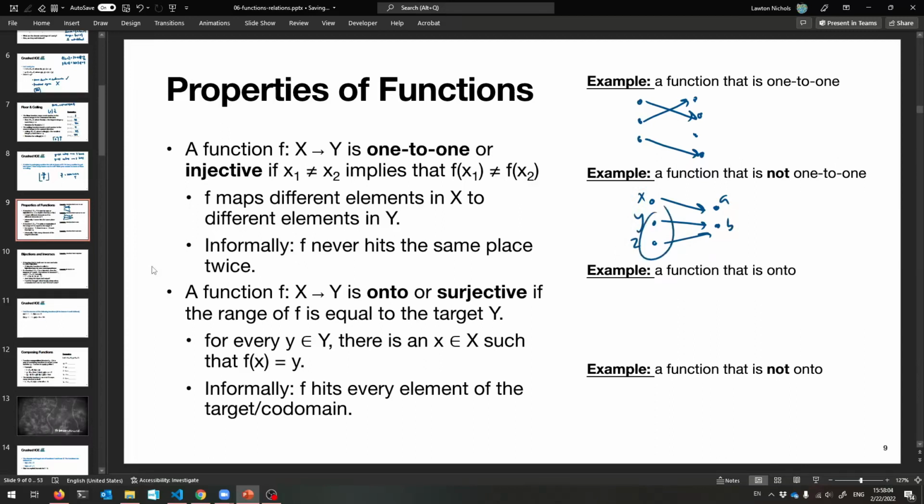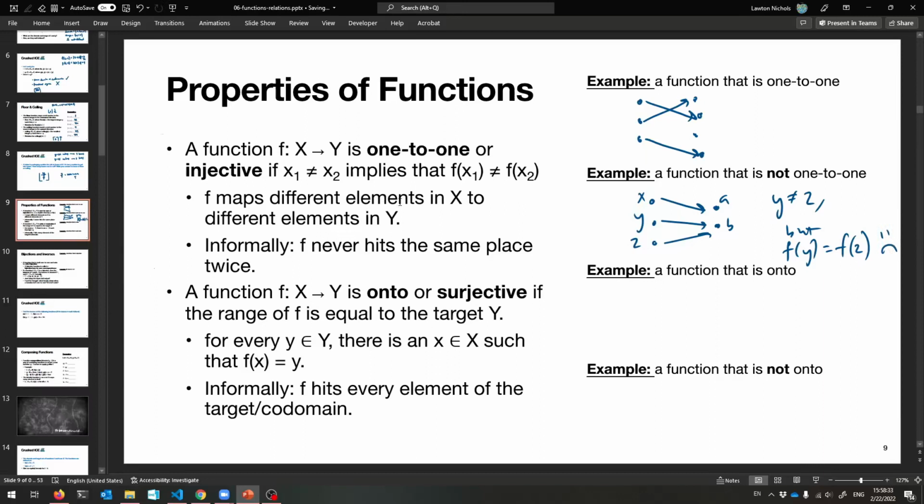So y and z are both being mapped to b. This is not one-to-one because y is not equal to z, but calling this function f, f of y is unfortunately equal to f of z, and they're not supposed to be. So, sad face, this function is not one-to-one.